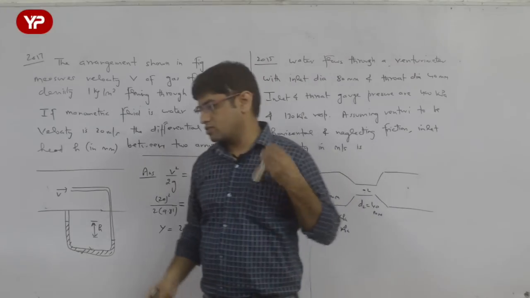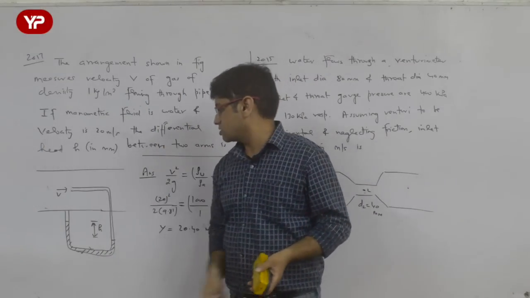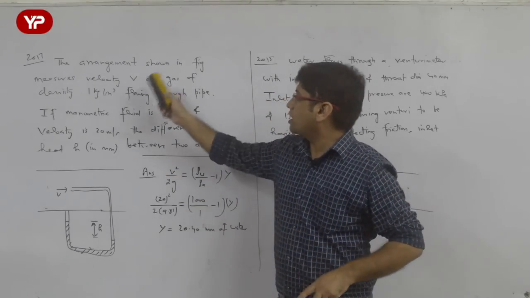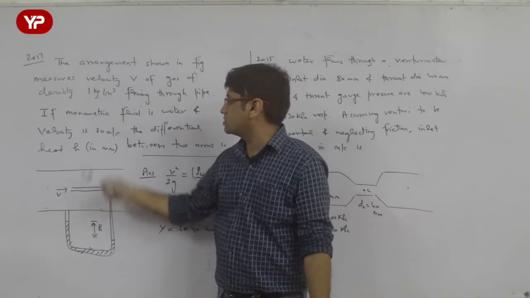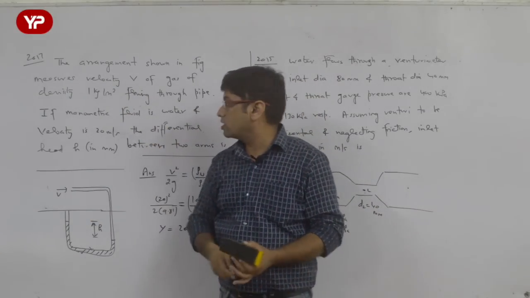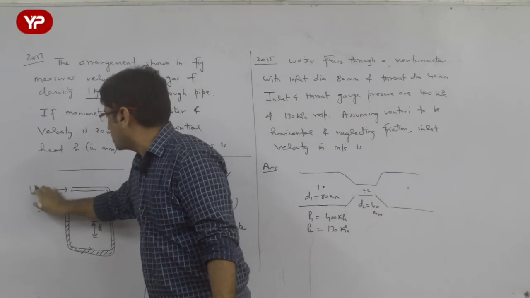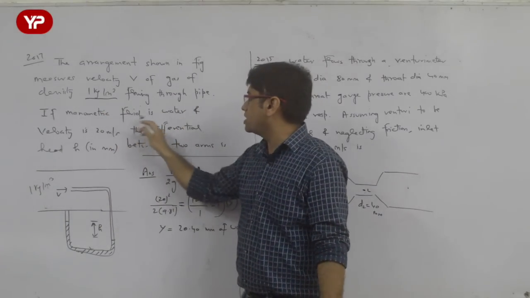So let us go for this question now, which is again related to your manometer. This is a U-tube manometer. Arrangement is shown here, which measures the velocity of gas which is flowing. So there is a gas which is flowing through this pipe, and the density of the gas is given as 1 kilogram per meter cube. It is flowing through the pipe. The manometric fluid is water.